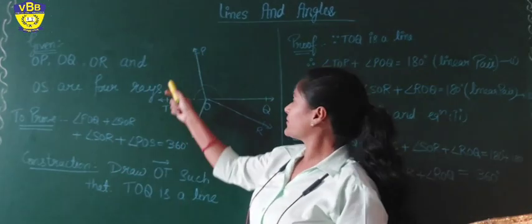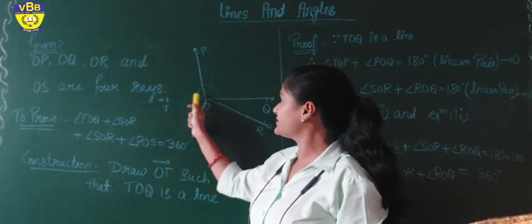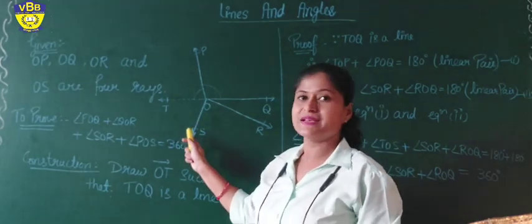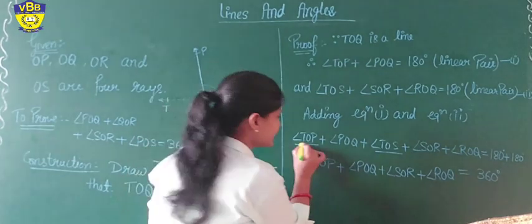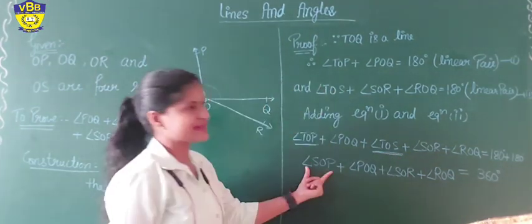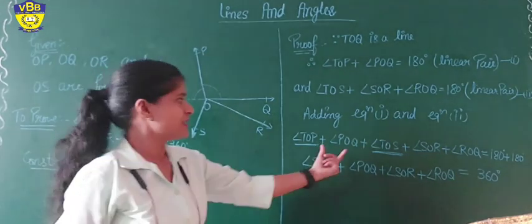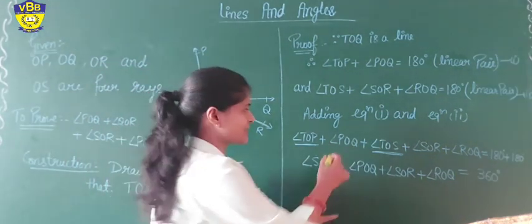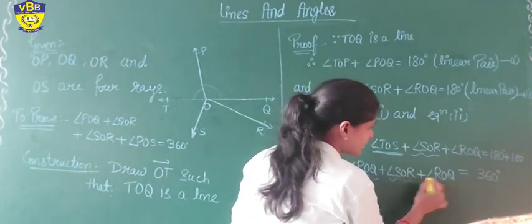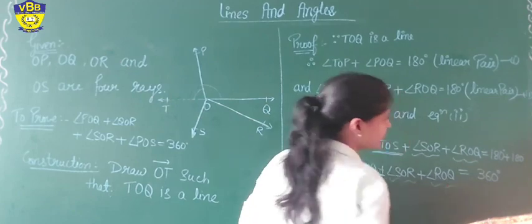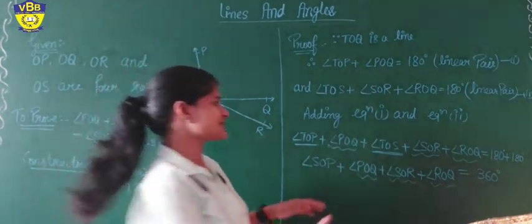If we combine these two angles, TOP and TOS, they make POS. I can write angle SOP, or you can write it as POS. The same thing, POQ, SOR and ROQ are here. They make 360 degrees. Hence proved, which we needed to prove.